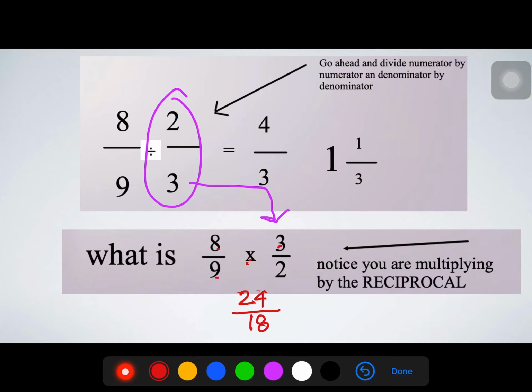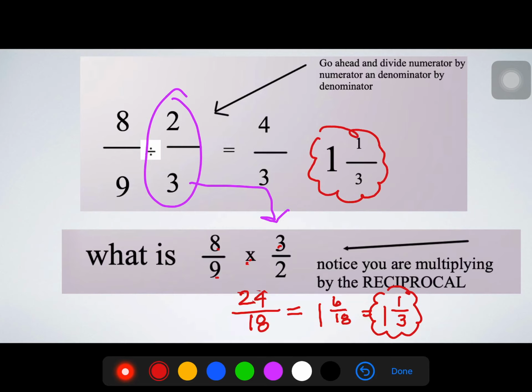Well, 24 over 18 is improper, so I'm going to reduce that to be 1 and then 6/18. And 6/18 reduces, because I can divide each one by 6. 6 divided by 6 is 1. 18 divided by 6 is 3. Look at that. It works.